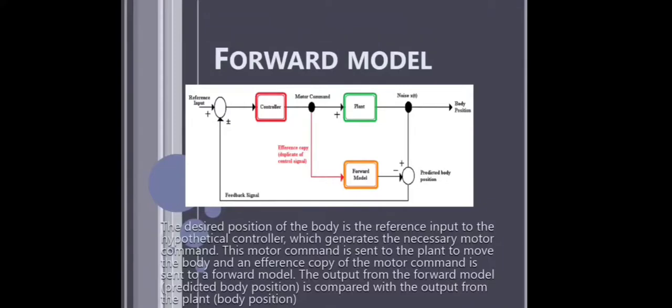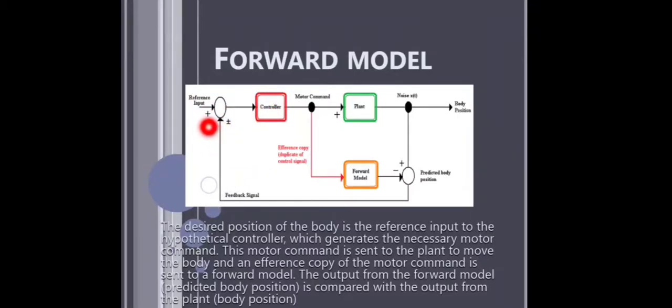The output from the forward modal or the predicted body position is now compared with the output from the plant or the body position. So kani si controller, gikan majuto sa reference input, kaning reference input mo ni siya ang desired body position. So kaning desired body position, ihatag ay musulod na siya sa controller, which is ang internal modal.